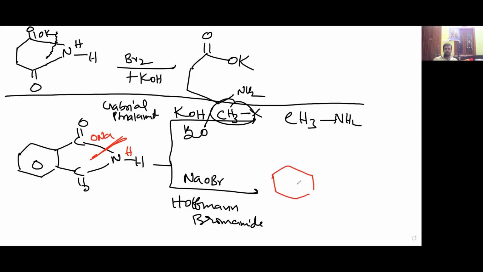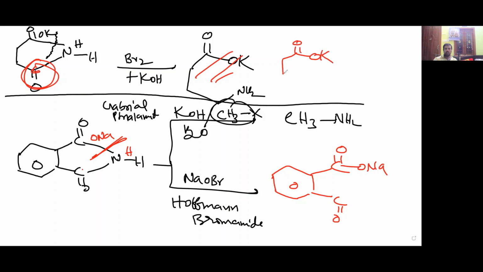This is the ring, and here you are going to get COONa and C double bond O. I'm sorry, this is the wrong product. The C double bond O is missed. I will write it.